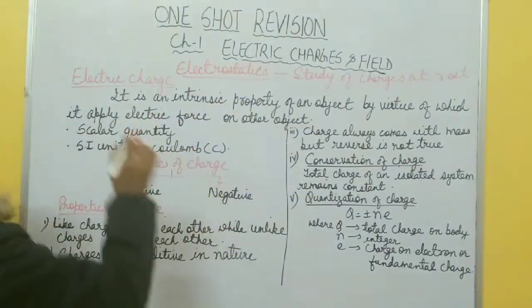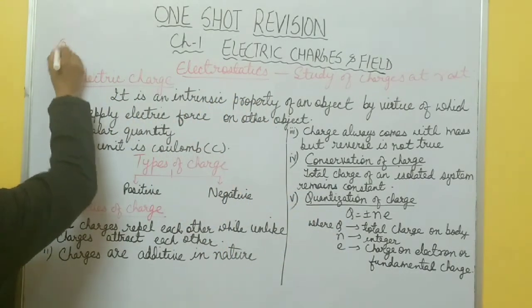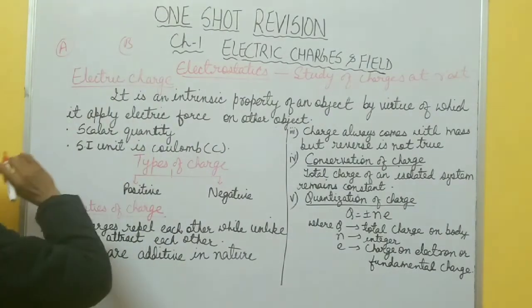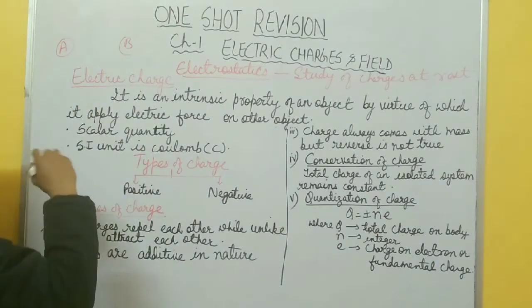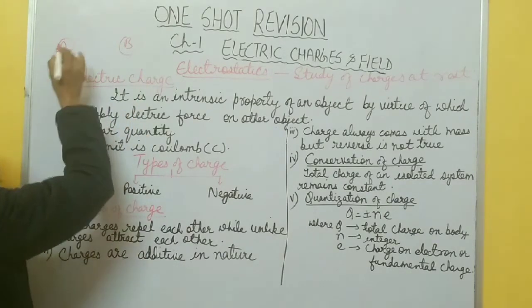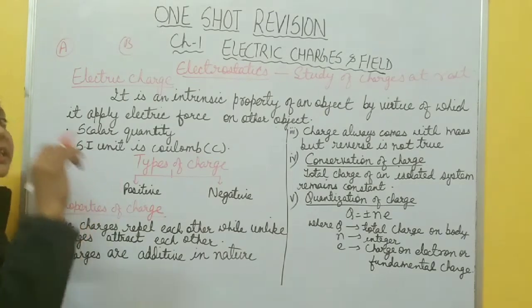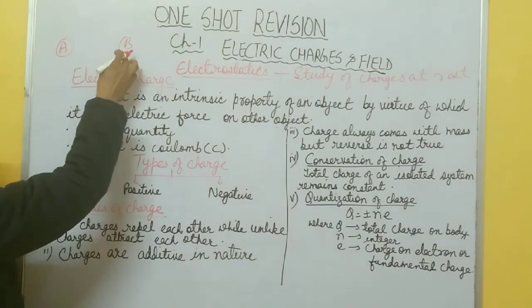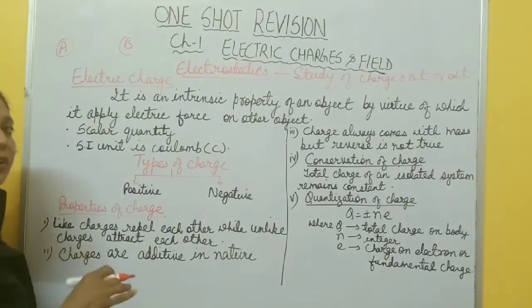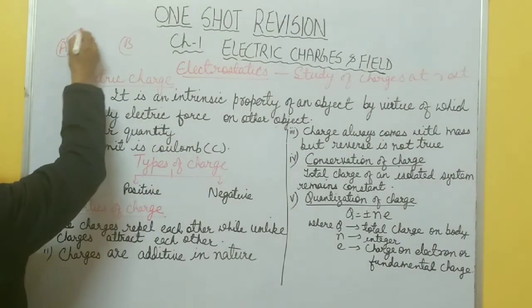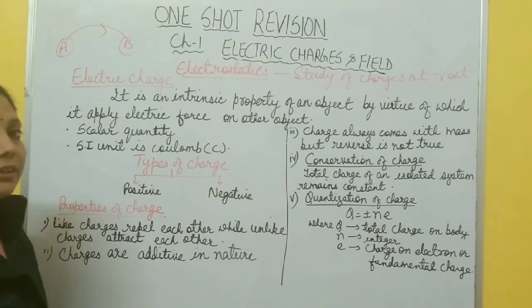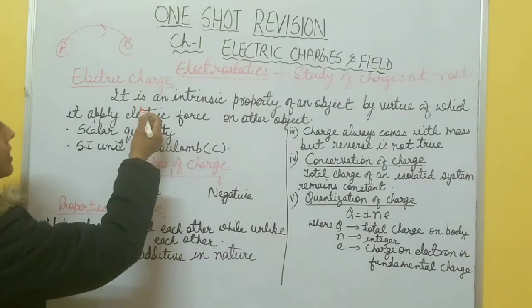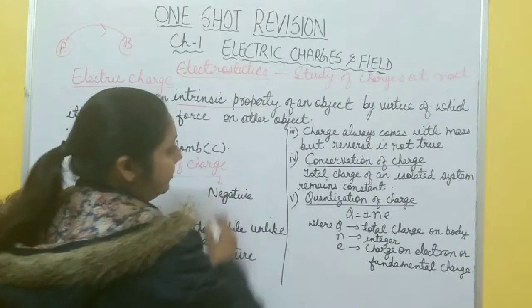Suppose there are two objects, A and B. If the second object B comes near object A, then what happens? Object A has the property to exert force on any other object, whether it is charged or neutral. This A object exerts force on the second body, and this property of the first object is called electric charge, right? So you can write it in this way: it is an intrinsic property.